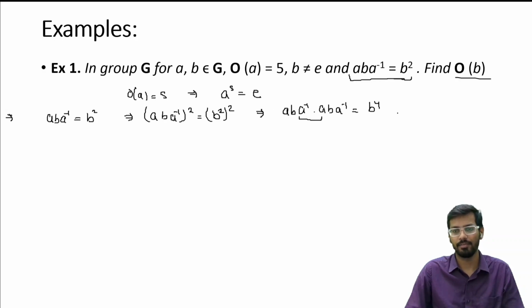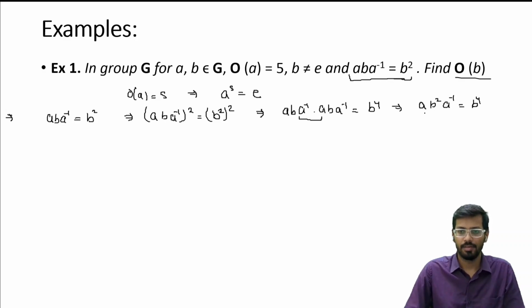So from this we can write a b square a inverse is equal to b raised to power 4. Okay. Now put this value b square in this equation.